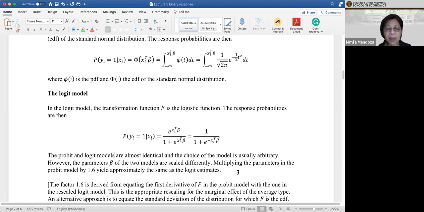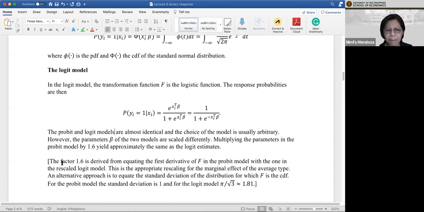You estimate the model using both probit and logit and compare the parameter estimates. However, the parameters beta of the two models are scaled differently. Multiplying the parameters in the probit model by 1.6 yields approximately the same as the logit estimates.